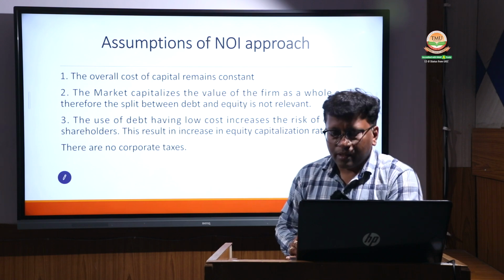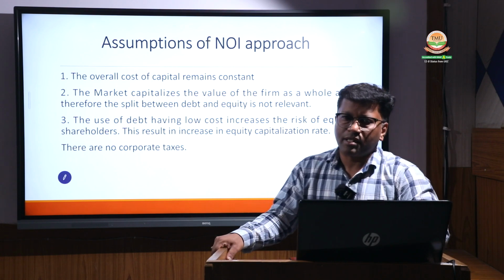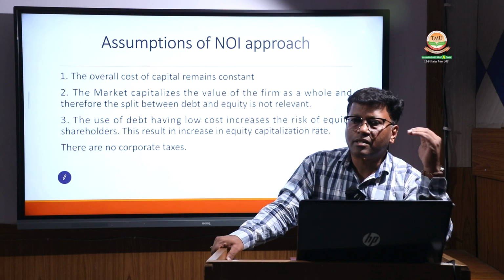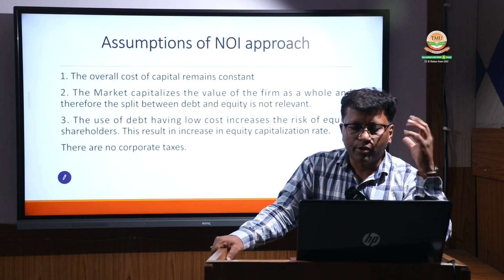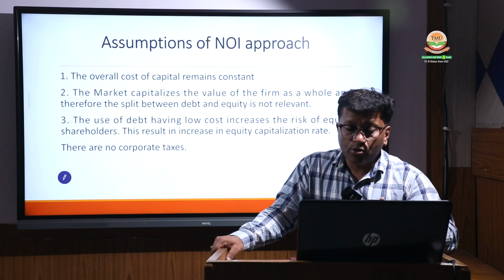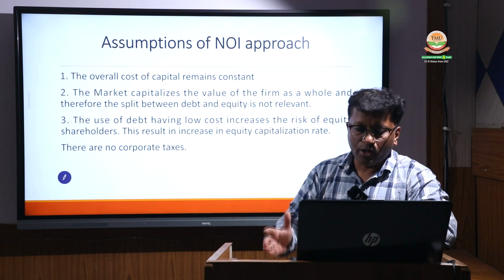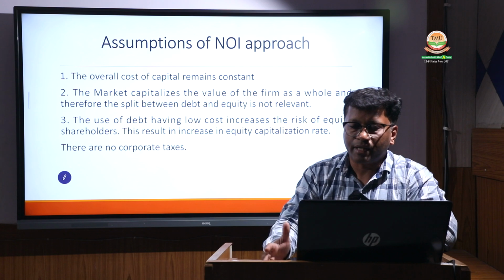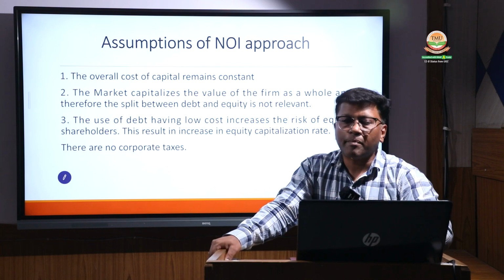So this is the risk perception of the investors in a particular company when they see that the company is taking the decision to have a high proportion of debt along with equity shares, right? So the use of debt having low cost increases the risk of equity shareholders, and this results in an increase in equity capitalization. And there is a new term: what about the equity capitalization?